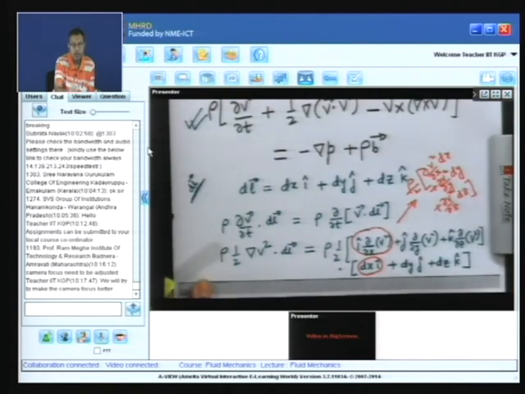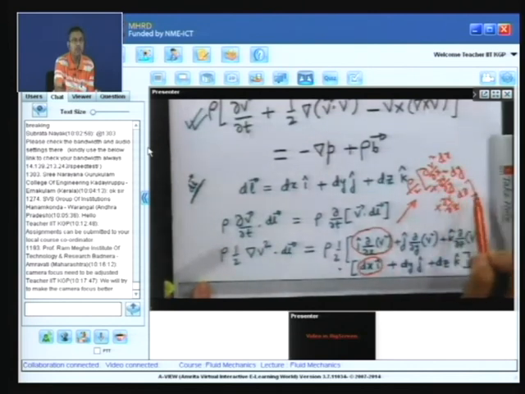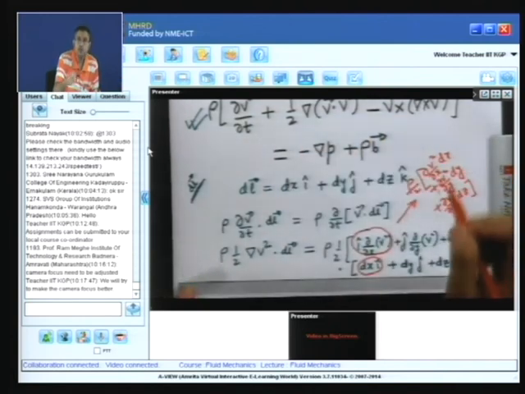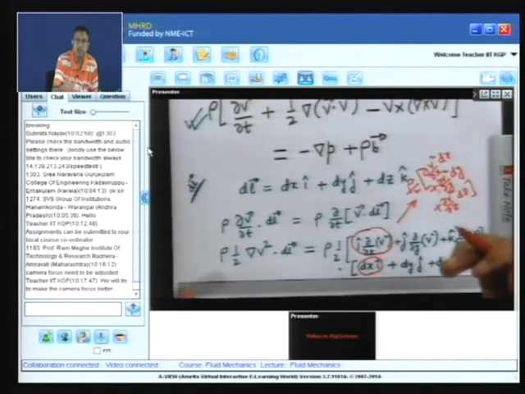So, del x into dx plus del y into dy plus del z into dz of v square. So, that becomes d of v square. What is d? d is del x into dx plus del y into dy plus del z into dz.